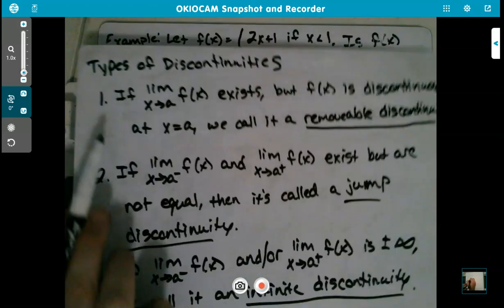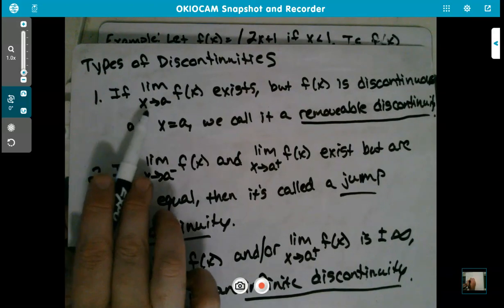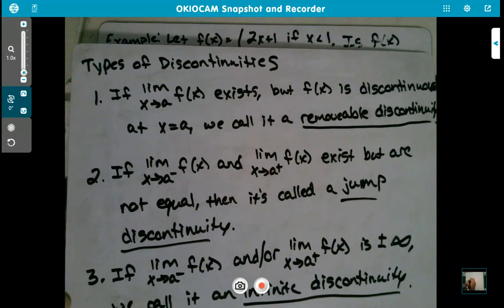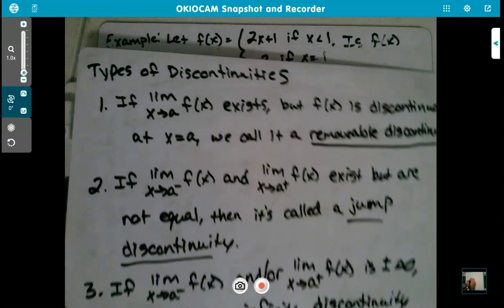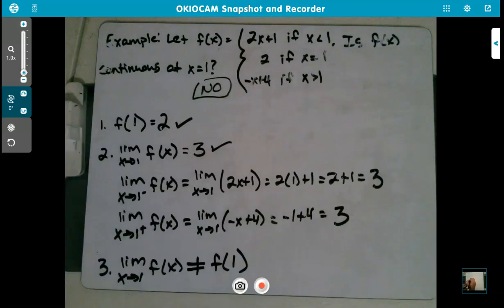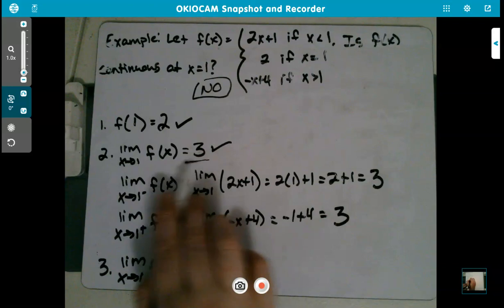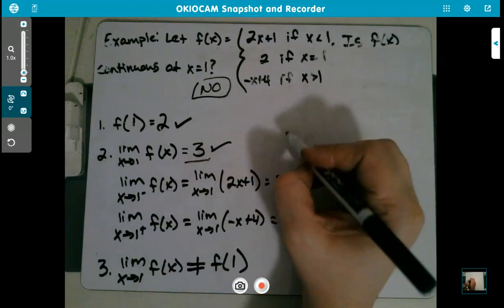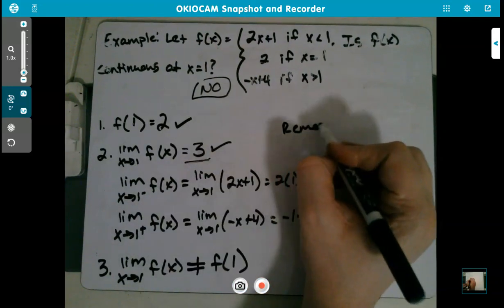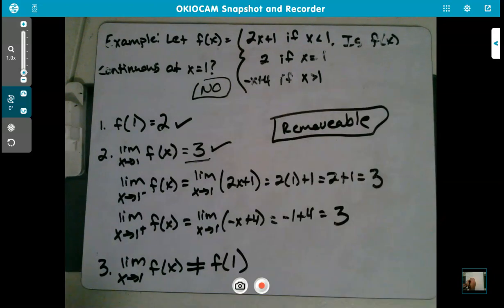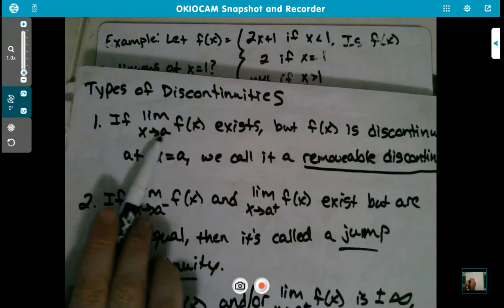I would see it's the first type because I could actually find what the limit was as x approached 1, right? I could get that. I got 3 there, and so that's good. So this would be removable because I could actually find what that is. So removable. Again, that's our first type because it did exist.